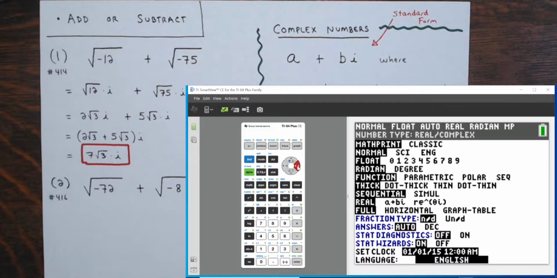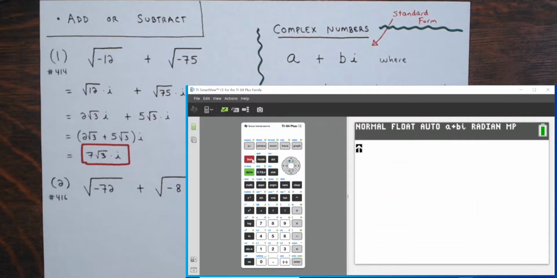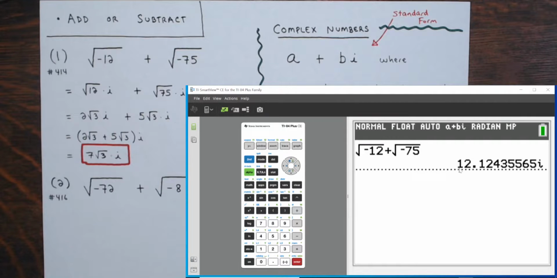Go to that mode, and then quit, and then I'll put the last entry, the square root of negative 12 plus the square root of negative 75, and now it'll actually give you complex answers. It'll give you answers with the imaginary unit i involved. Watch.